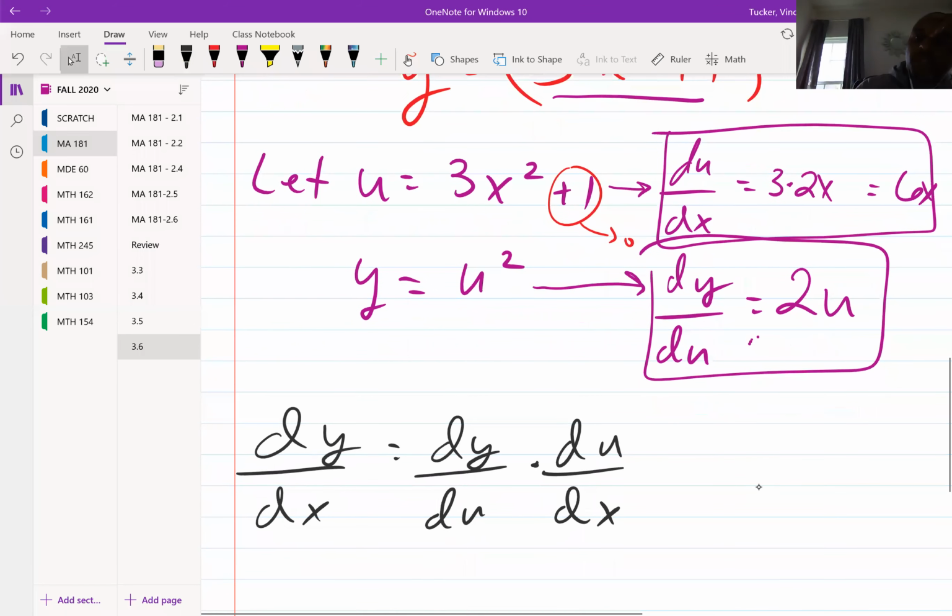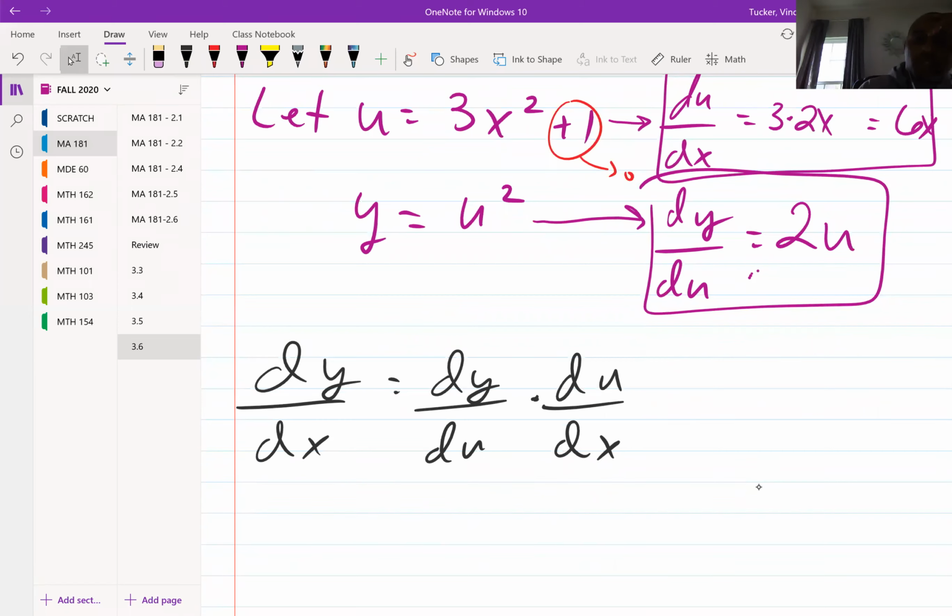So now we can go ahead and take those two pieces and multiply them together. dy du is 2u times 6x. But also don't forget that we didn't start off with u. We had to plug u back in.